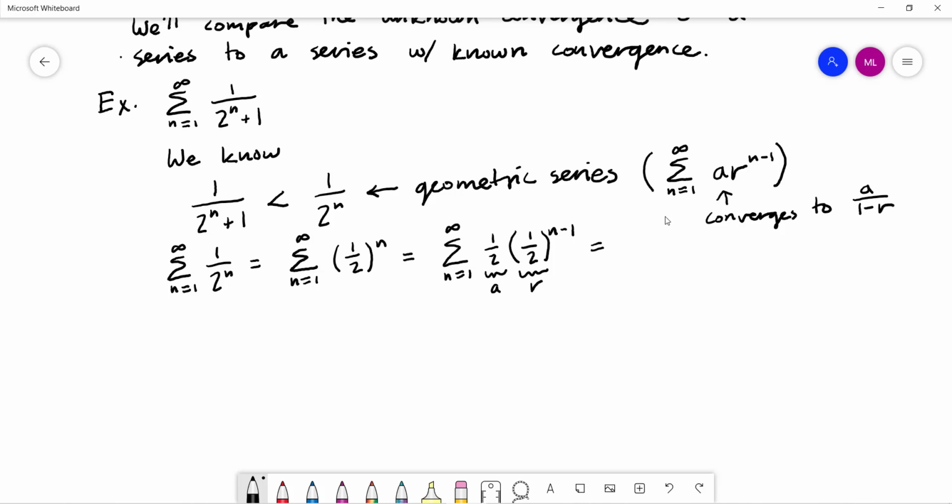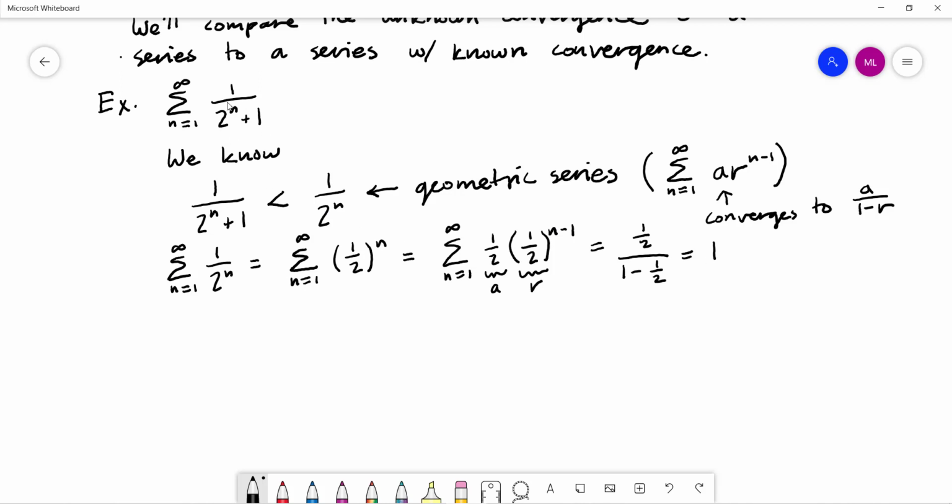And so for us, this thing converges to 1/2, there's my a on top, over 1 minus r. r is also 1/2. So I get a half over a half, which is equal to 1. So this series converges to 1.